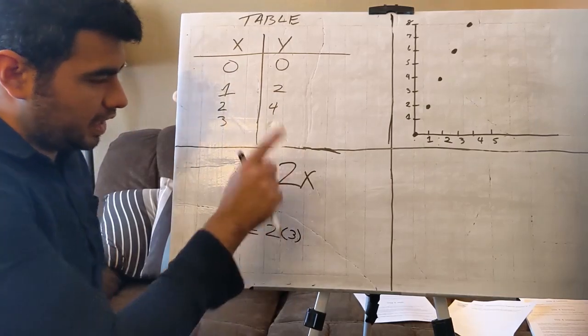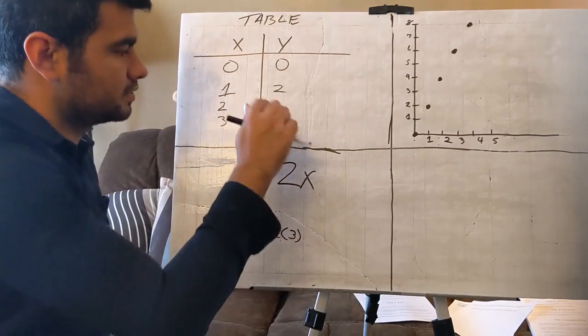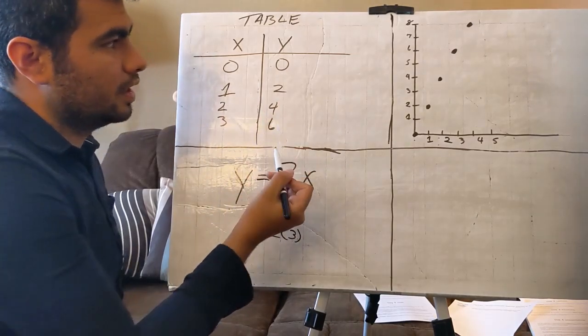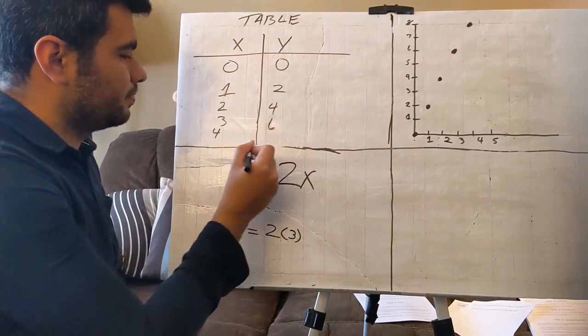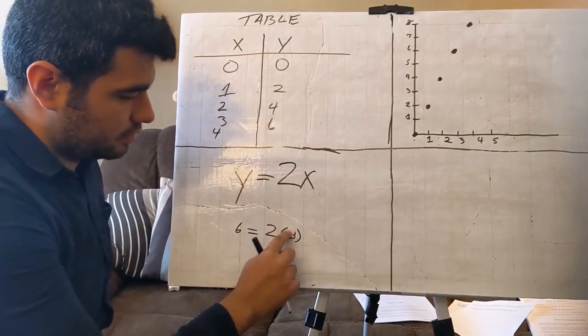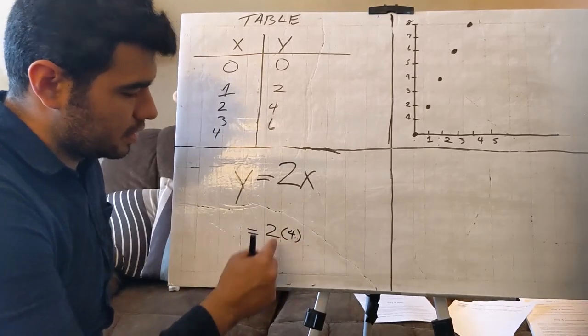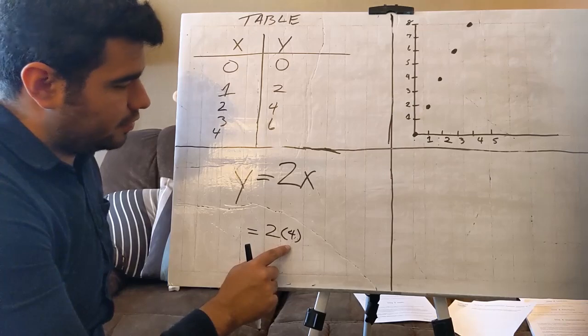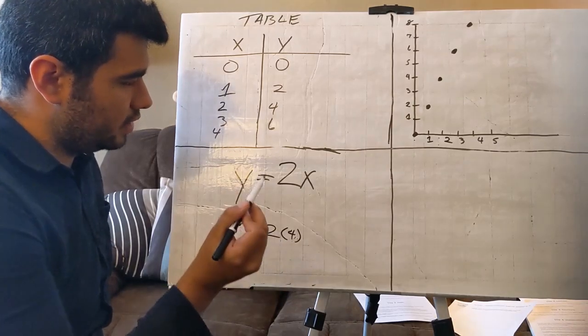So, keep the x out, put a 3 in here. 2 times 3, that's going to be a 6. And then we can do 4. So I take the x out, I put 4 in for x. 2 times 4, I get 8.